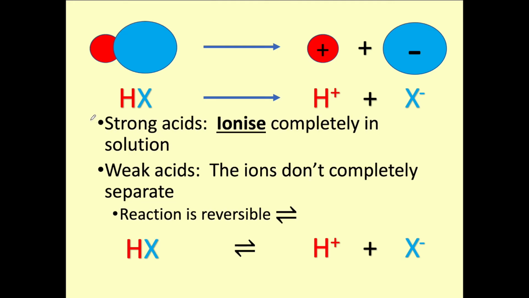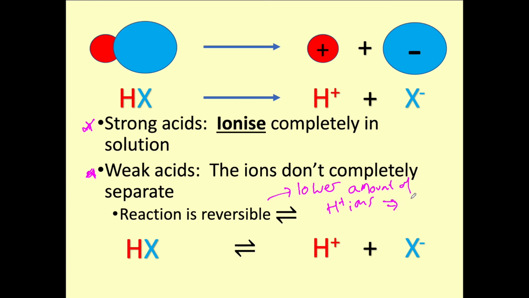So these are the two distinguishments between our strong and our weak acid. Strong acids ionize completely, whereas our weak acids don't completely separate because that reaction is reversible. And this means that we have a lower amount of H+ ions in our solution, with more of the original compound that they started with rather than being separate.